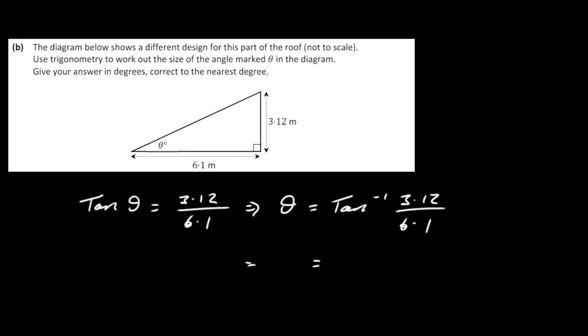You can just do that on your calculator. Just make sure your calculator is in the right mode, and you'll get 27.088, and we are asked to find theta to the nearest degree, so it's just going to be equal to 27 degrees. Okay, so let's move on to the next question.